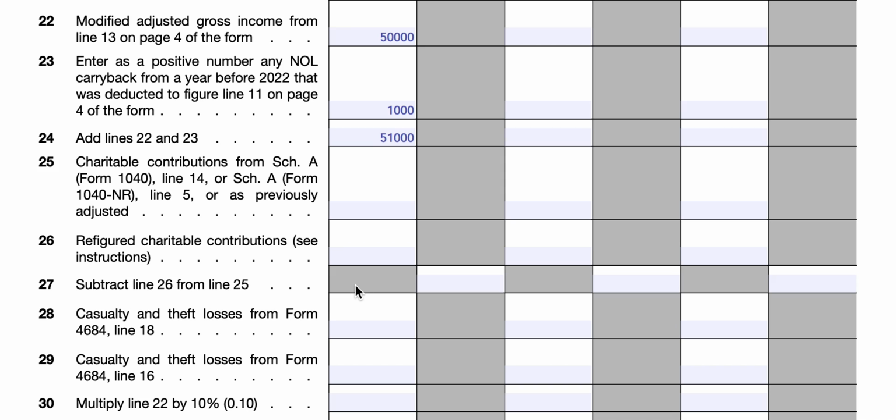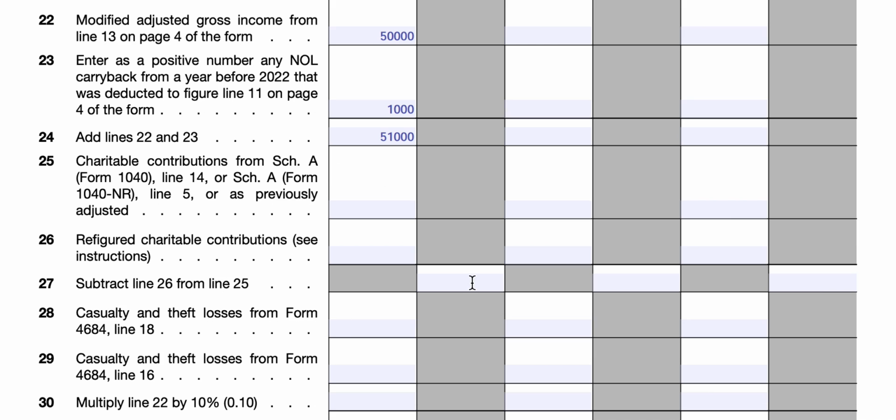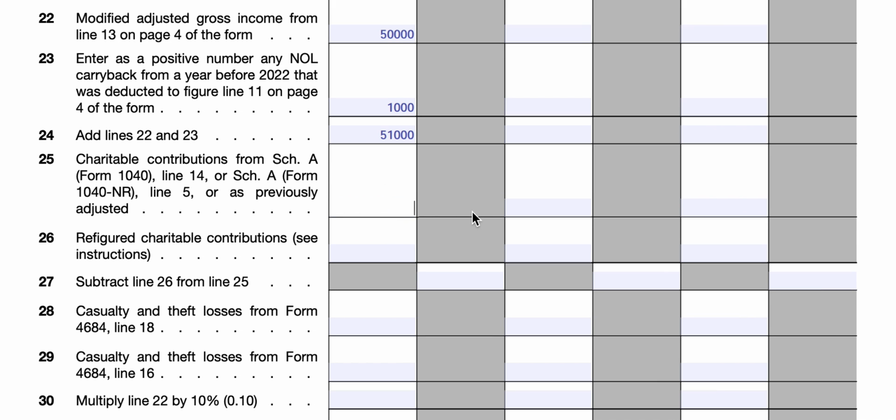That way you can carry the contributions forward and apply the NOL here. So in this case, if you had $15,000 in charitable contributions, but then you recalculated and were able to claim $12,000 of contributions, that would leave you with a $3,000 difference.